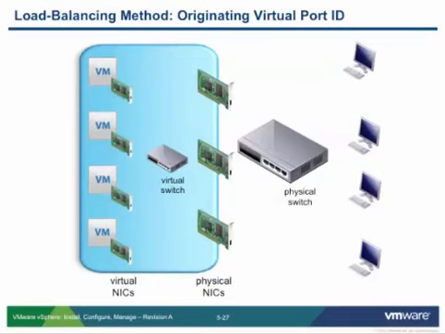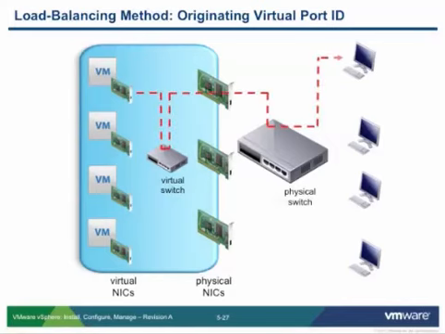More specifically, every virtual network interface card is connected to or mapped to a physical network interface card. Now, what's good about this is that it requires no overhead. The port ID of the virtual switch, so whichever virtual NIC is connected to a port ID, that port ID is what determines which physical switch the traffic will be sent out. And so that doesn't require the VM kernel to actually do any sort of examination. It just sends it out.